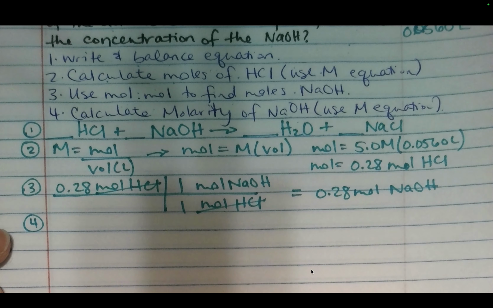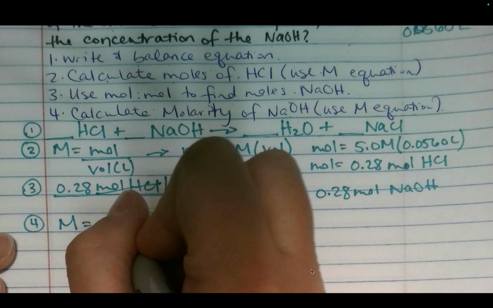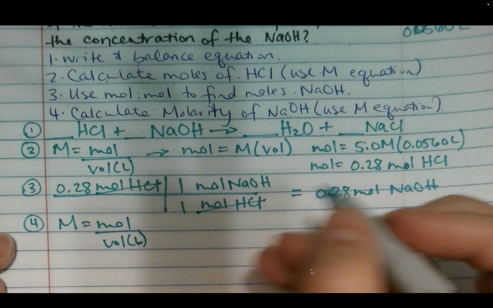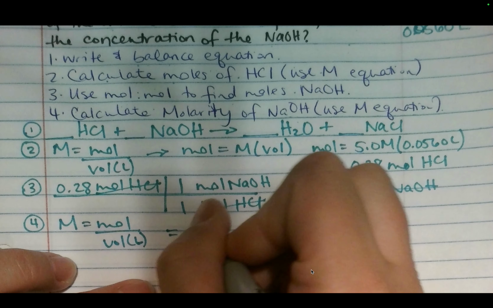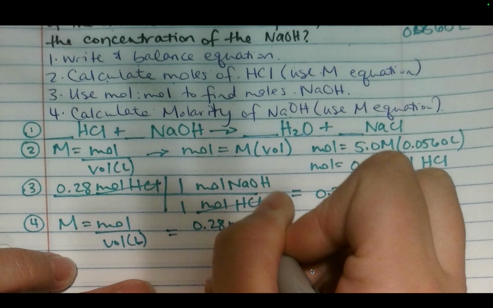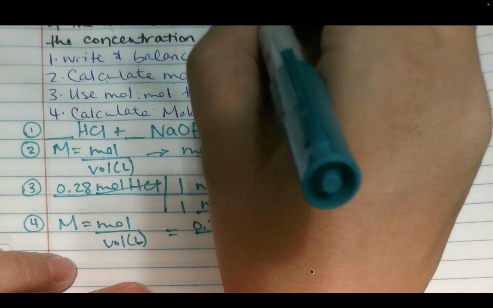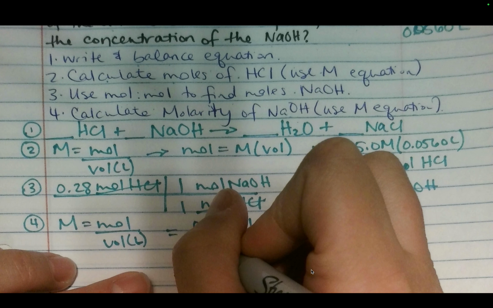Step 4, calculate the molarity of the NaOH, the sodium hydroxide, using the molarity equation. So molarity equals moles over volume in liters, still the same. Okay, I've just calculated my moles, 0.28 moles over my volume. I was given that up above, 120 milliliters. Needs to be converted to liters.